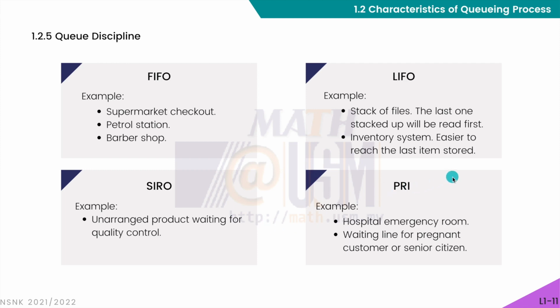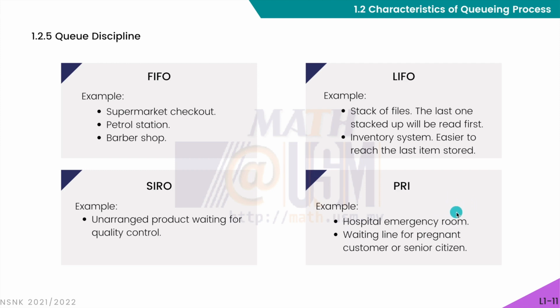Finally, there is the priority queue discipline. There are two types of priority queue discipline: preemptive and non-preemptive. For preemptive priority discipline, the customer with the highest priority is allowed to enter service immediately, even though the server is currently serving another customer.